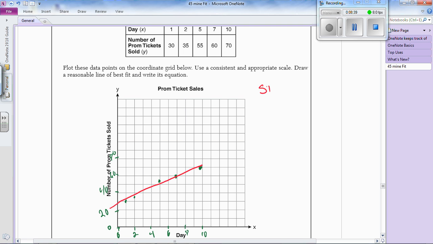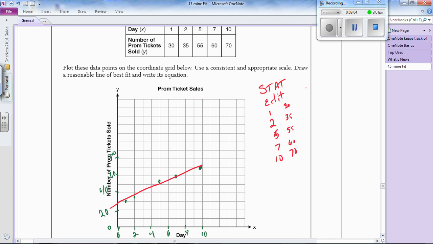Hit the stat button. Hit edit. In list 1, you would type in 1, 2, 5, 7, 10. In list 2, you would type in 30, 35, 55, 60, and 70.